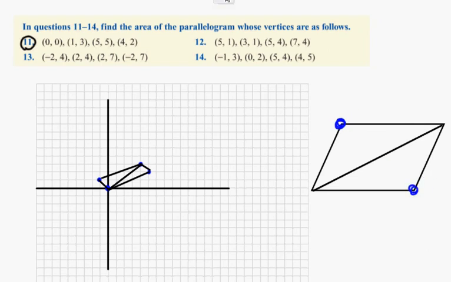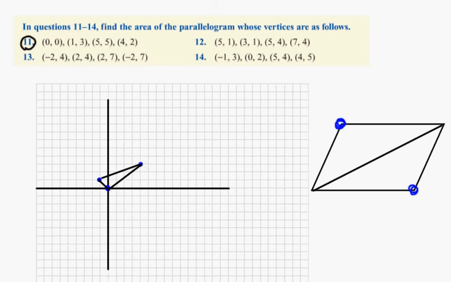So which one would you like me to get rid of? This one? Okay. That's 5, 2. So you want me to get rid of 5, 2, right? So I basically ignored the fact that 5, 2 was ever there in the first place. And now I'm left with a triangle, very similar to the very first triangles we did in our very first question. Is that right?